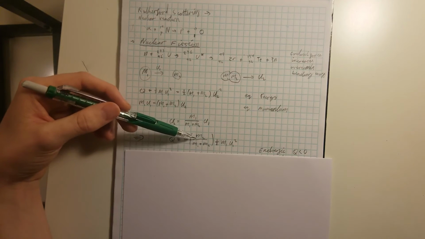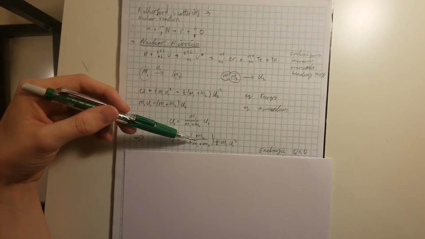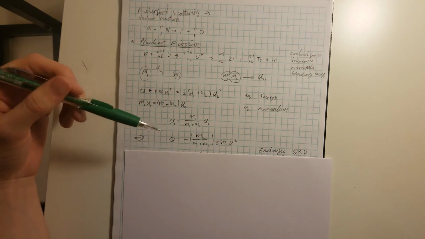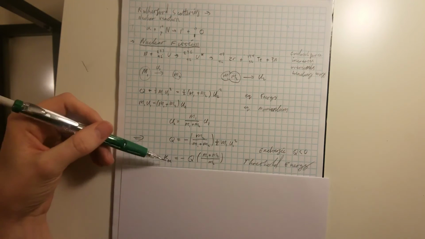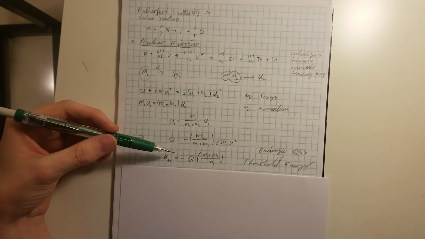So this is the fraction of the original kinetic energy that is lost. So it's endoergic. It's an endoergic collision. The energy is becoming mass energy. And so, yeah, nuclear physicists call this the threshold energy.